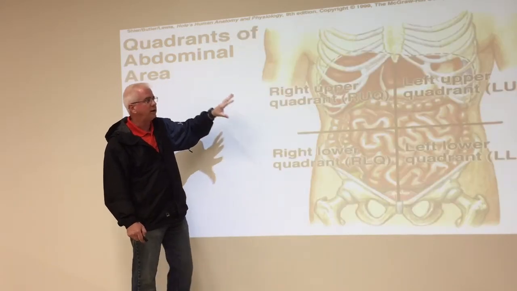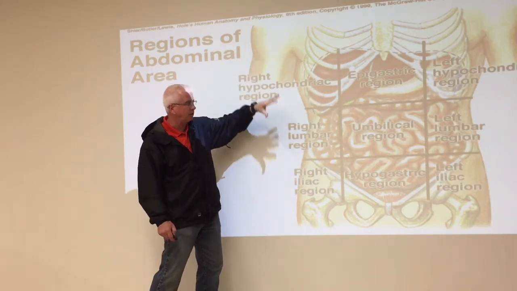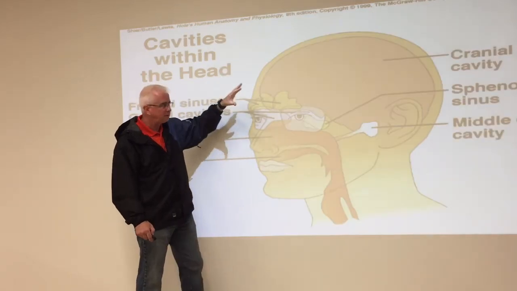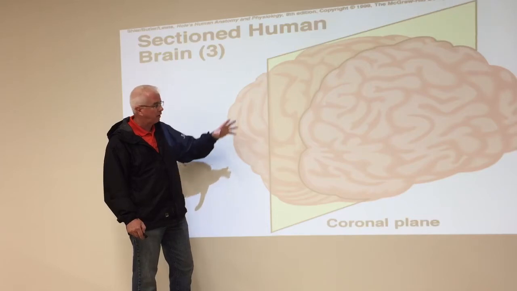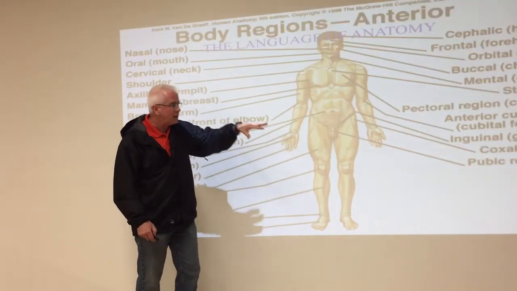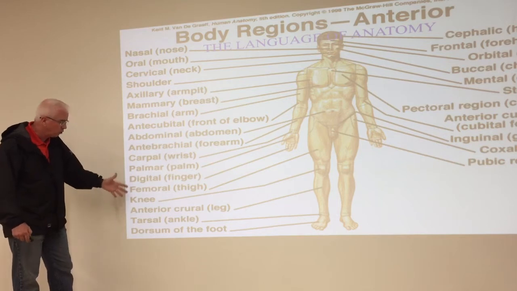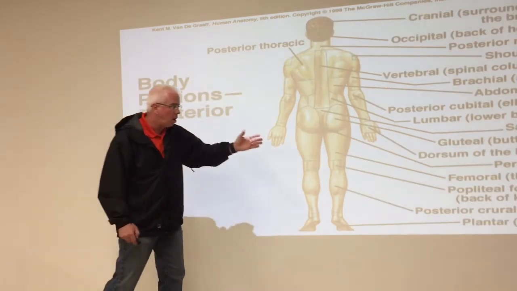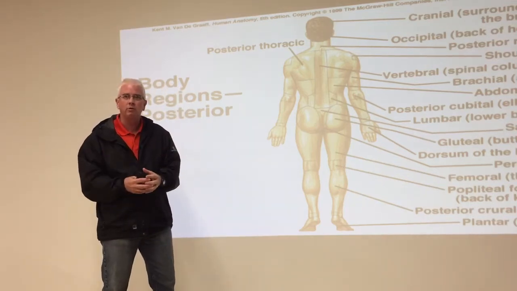These regional areas, what the names of them are: hypochondriac and epigastric and iliac, and vertebral and dorsal and ventral, and sphenoidal and cranial, and transverse and sagittal, and coronal, and inguinal and pectoral, and antebrachial, and crural, and palmar, and lumbar, and gluteal, and become familiar with the language of anatomy.